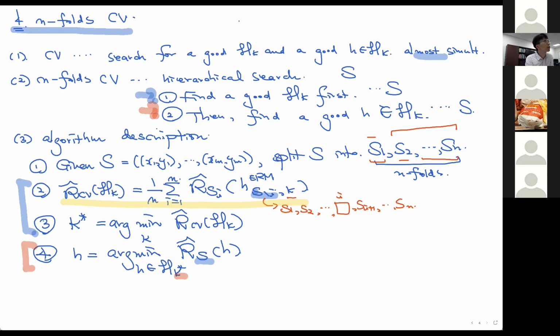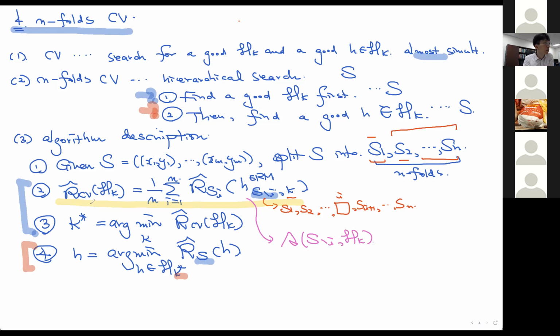If you use a different algorithm, so instead of ERM, we may use some different algorithm, maybe support vector machines or some other algorithms. Some other algorithm may be given a sample S and hypothesis set H_K, and that algorithm might return some other things.